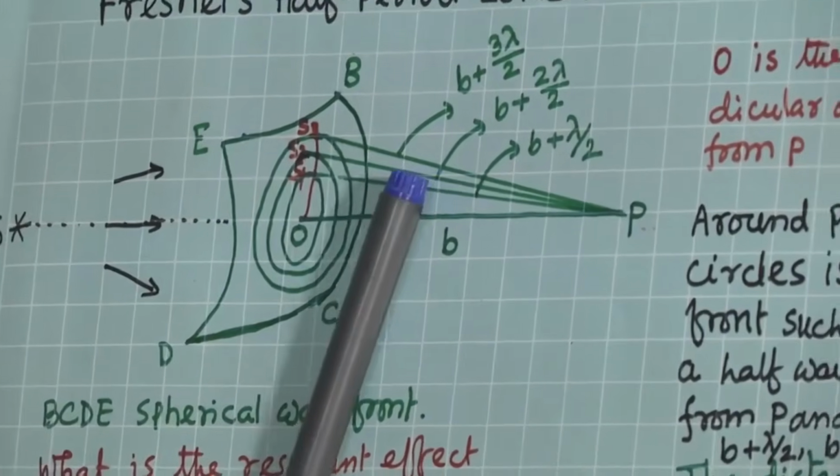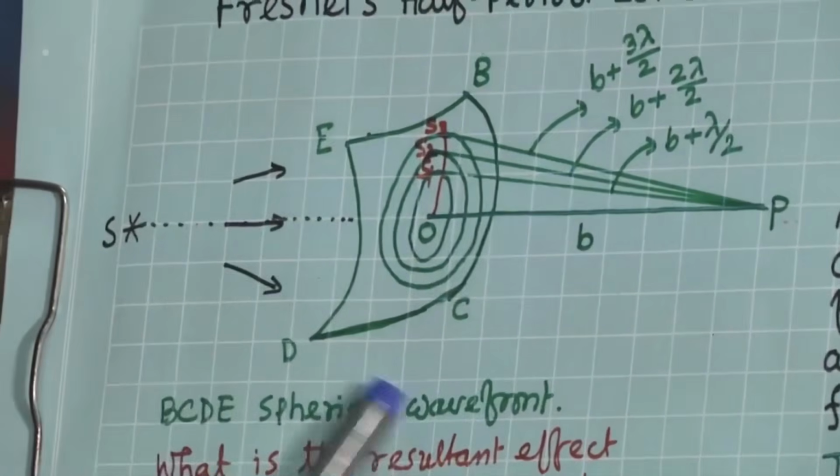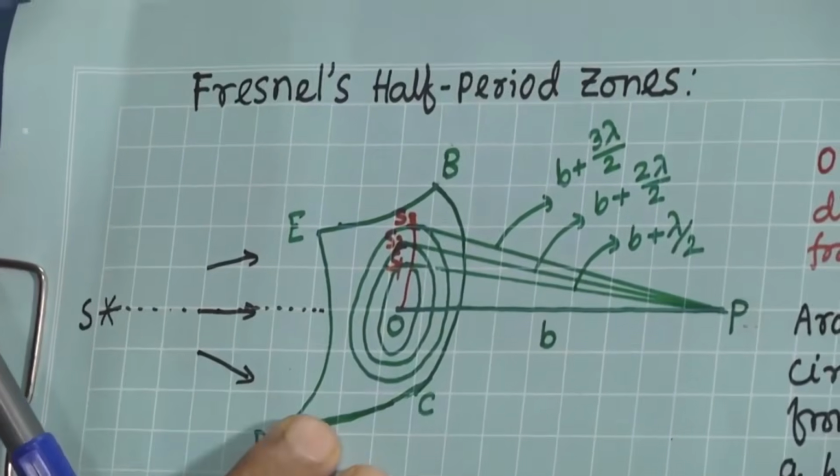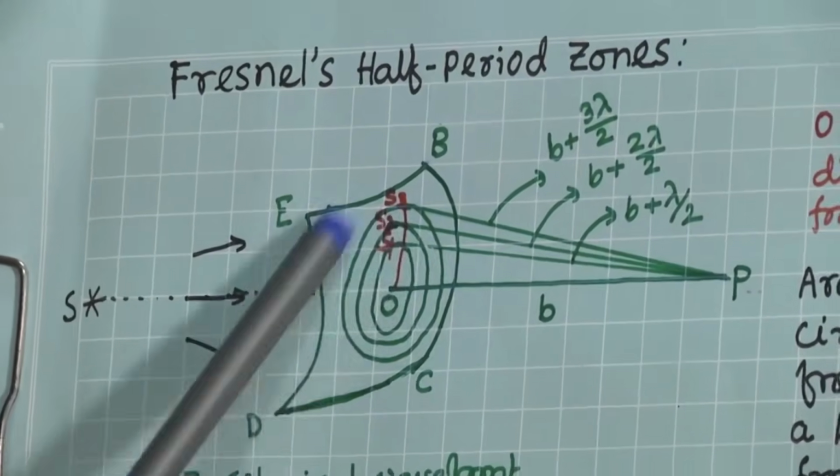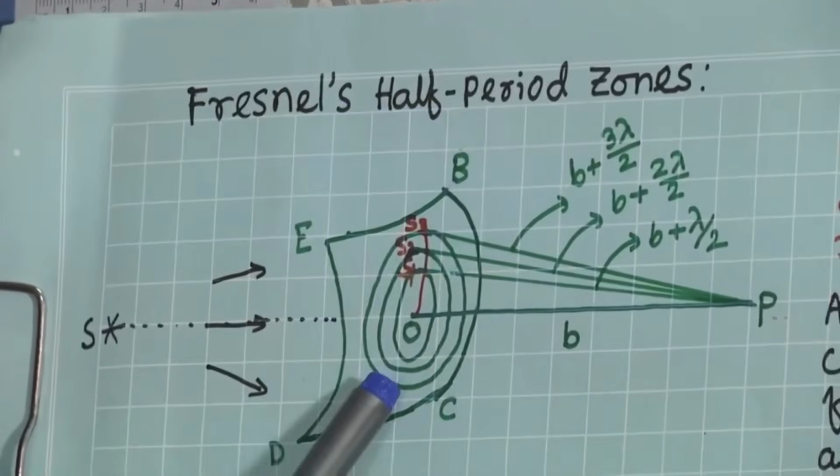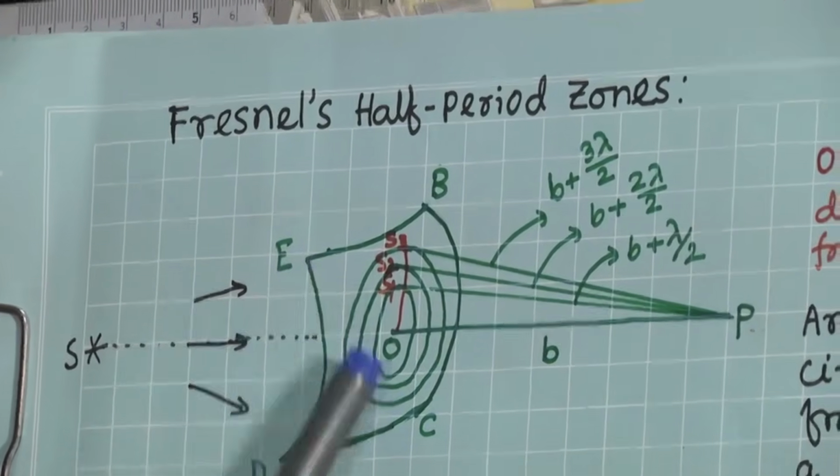On the aperture, you consider this wavefront, and you divide that wavefront into concentric circles.